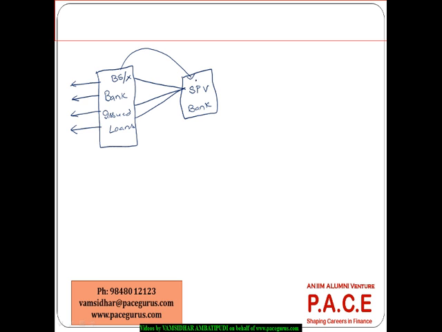Now for the SPV, whatever assets it had, it uses those assets as a base, and it actually issues the bonds in the capital market, right? And so in this case, the bank is called the originator, whereas the SPV is actually the issuer of the asset-backed securities, or sometimes we call it the trust.